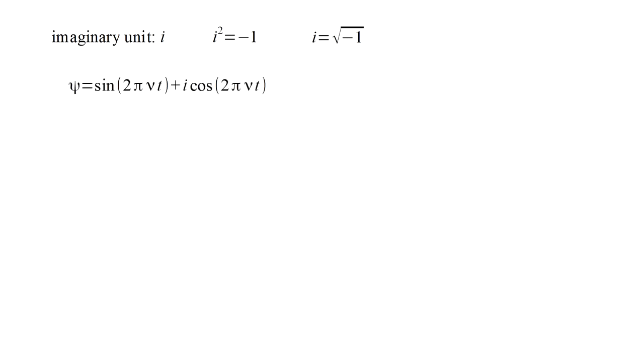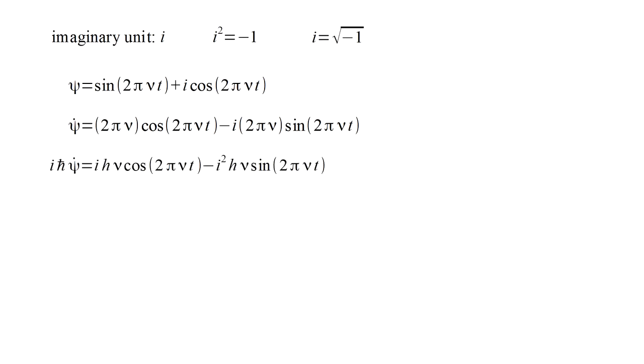Assume the field has a real part, sine 2 pi nu t, plus an imaginary part, i cosine 2 pi nu t. The field's slope in time, psi dot, is then 2 pi nu times the cosine minus i 2 pi nu times the sine. Multiply this by i times h bar.